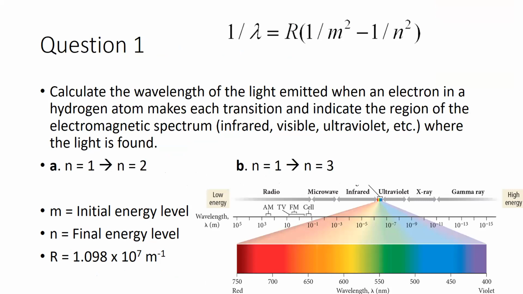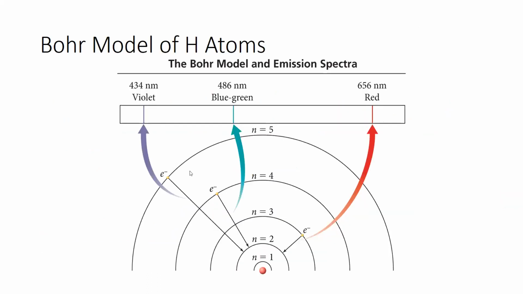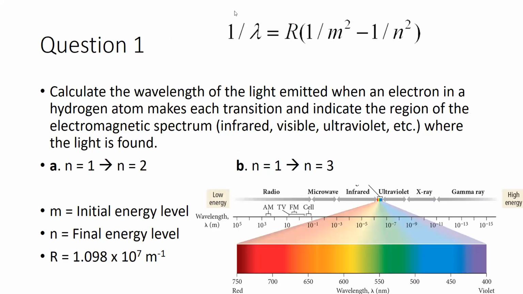So let's use the Rydberg equation here. I want you to calculate what light will be emitted when we have a transition for an electron, and tell me what type of light it is: infrared, visible, ultraviolet, etc. If going from the first to the second energy level, or the first to the third.